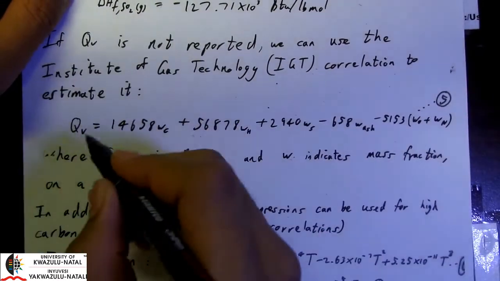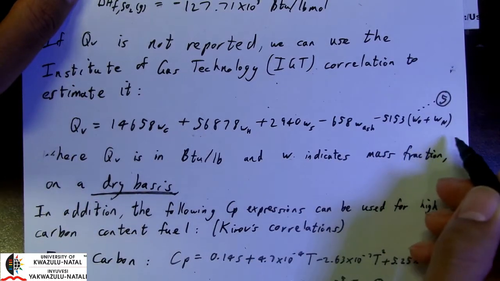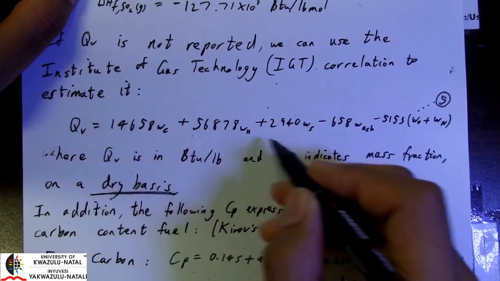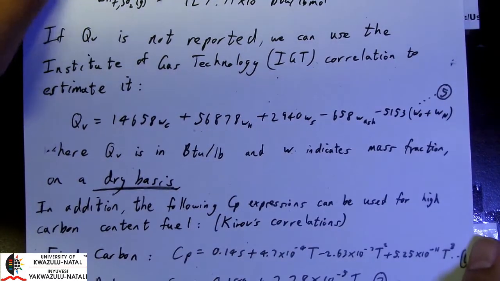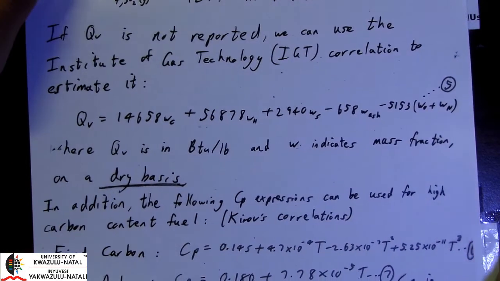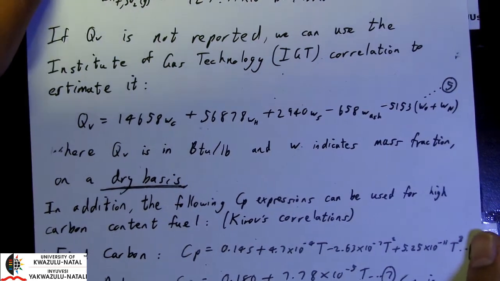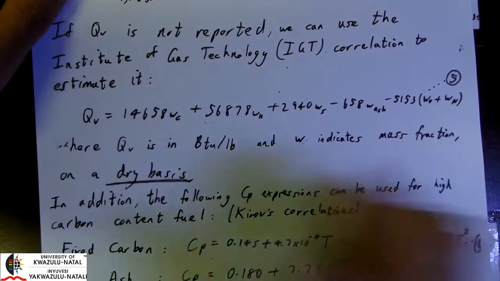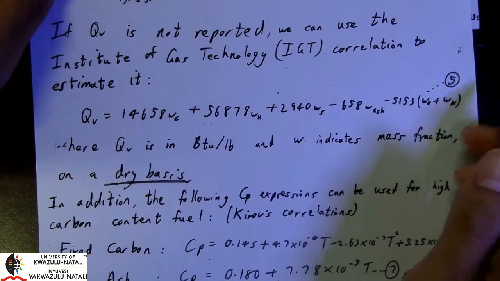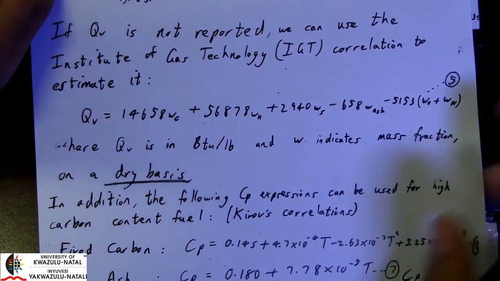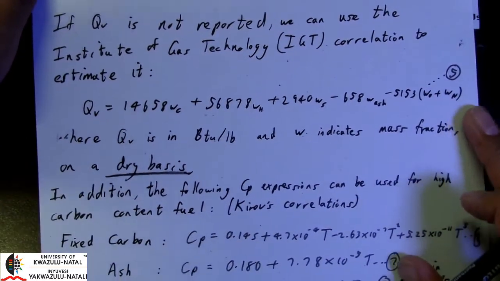And we can use the following IGT equation as a function of the various mass fractions of the elements in the fuel. QV is in BTU per pound, and W indicates mass fraction on a dry basis. So that's looking at completely dry fuel. If there is moisture in the fuel, we are neglecting that moisture.